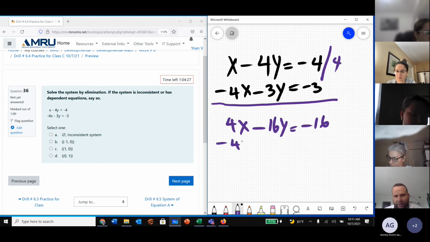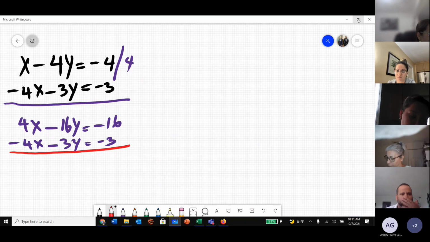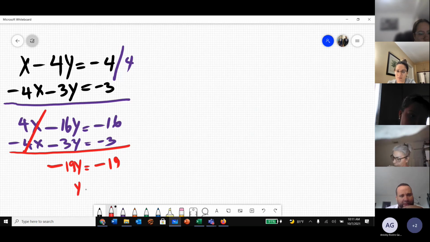Then we have negative 4x minus 3y equals negative 3. And then we cross out the x here, and then we have negative 19y equals negative 19, and then y is equal to 1.